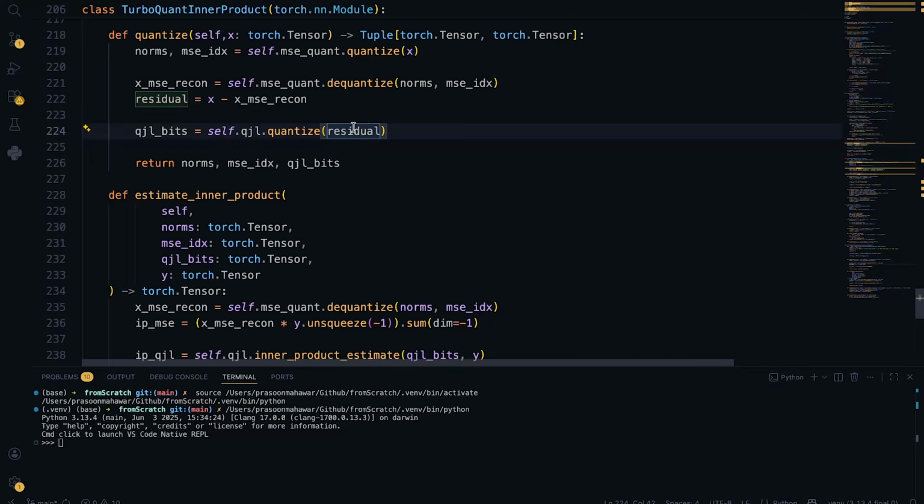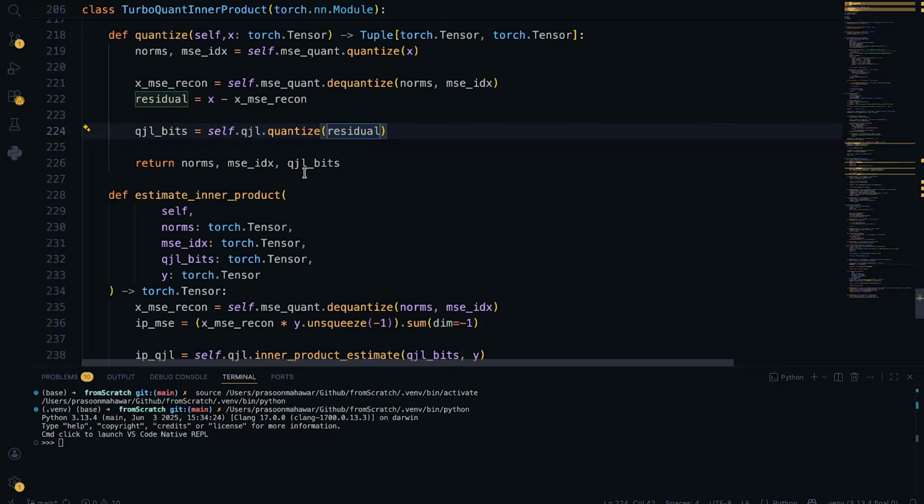The MSE stage did its job. The inner product with any query y is also small. The QJL variance bound applies to the full vector, but here we are applying it to the much smaller residual, dramatically reducing the effective variance.